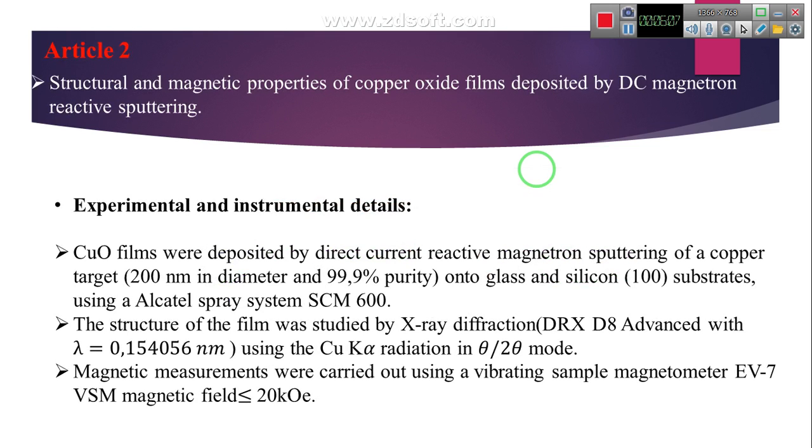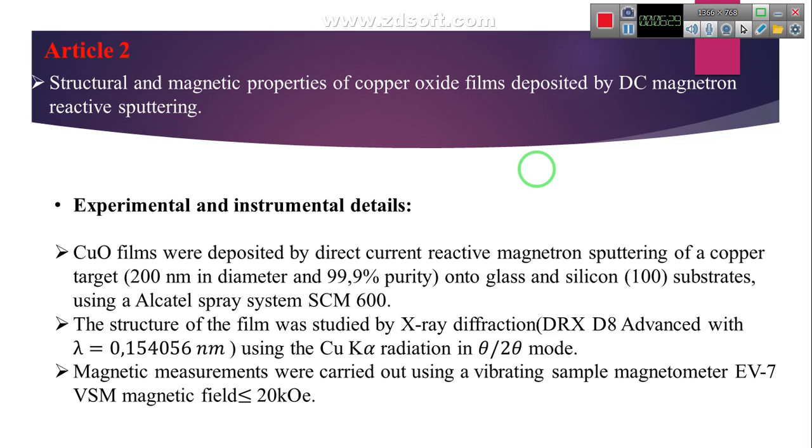Article 2. Experimental detail. Deposition of CuO films by reactive direct current sputtering of a copper target on glass and silicon substrates. The study of the structure of films by X-ray diffraction.